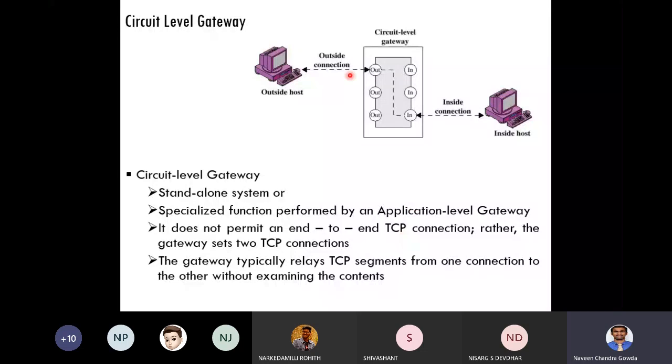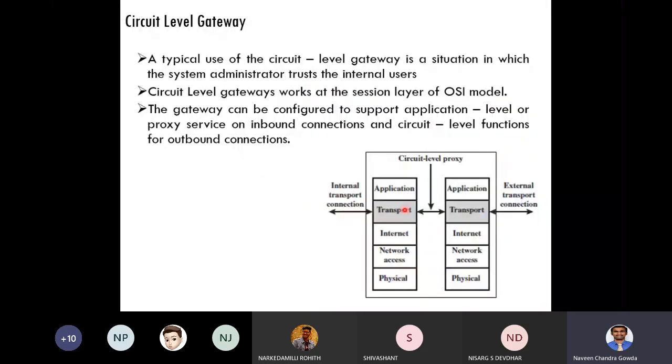But if you elaborate the application layer in detail, if you remember, the application layer itself has three layers: application, presentation, and session, the same as in your OSI model. Above the transport layer is the session layer. So you will be delivering the TCP segments, which are received through the TCP connection, from the transport layer to the session layer, which is a sublayer of your application layer.